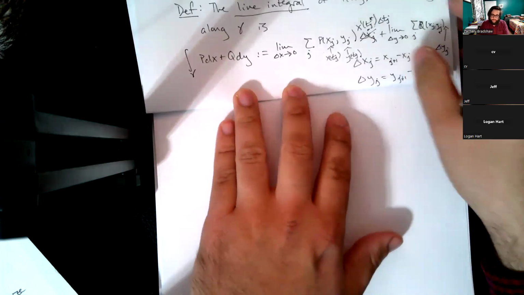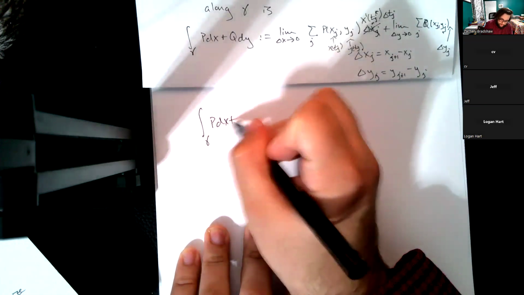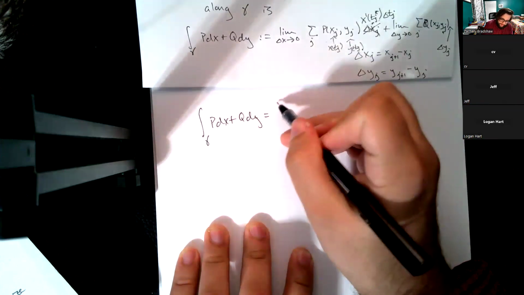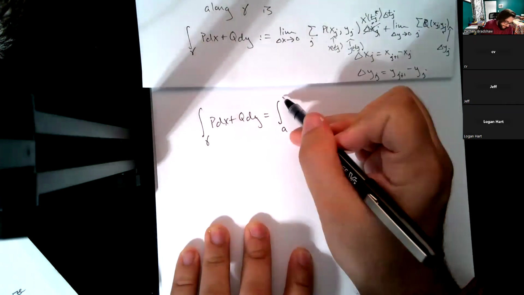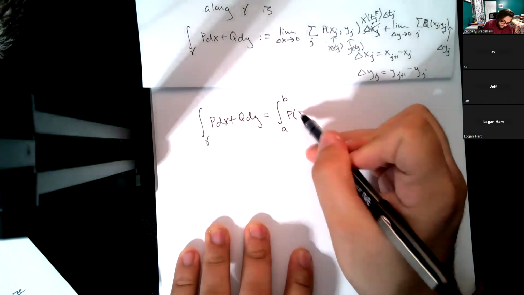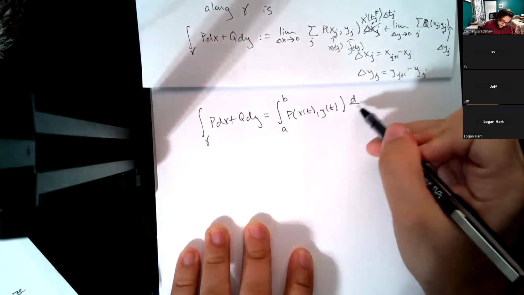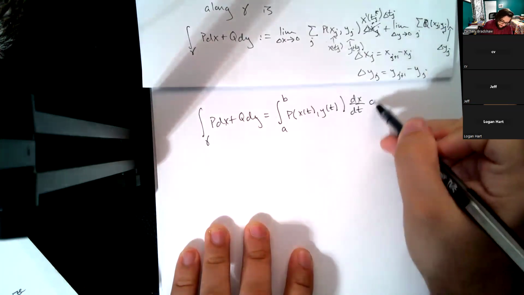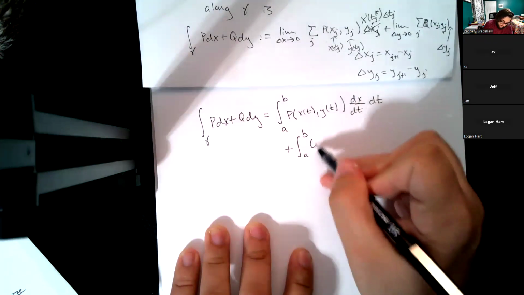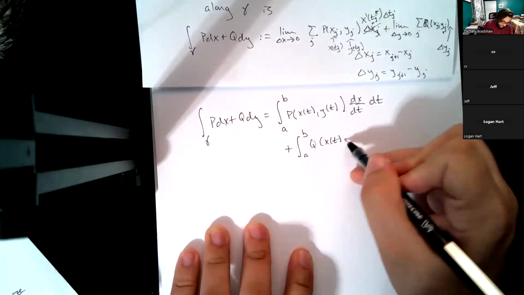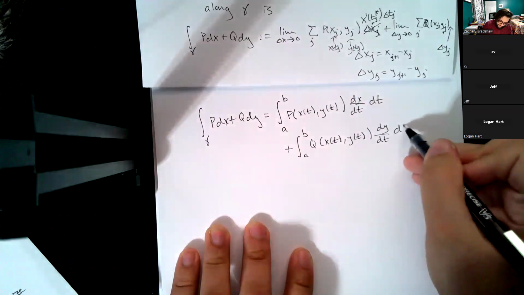And so what we're going to get is that this is equal to the integral from a to b of p of x of t, y of t, dx/dt dt, plus the integral from a to b of q of x of t, y of t, dy/dt dt.